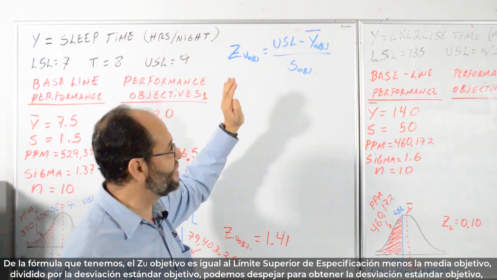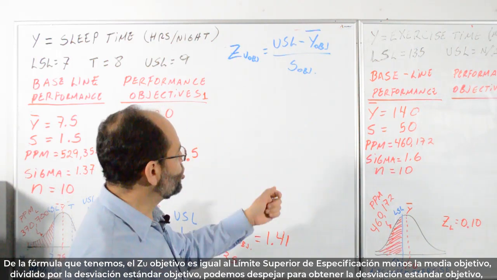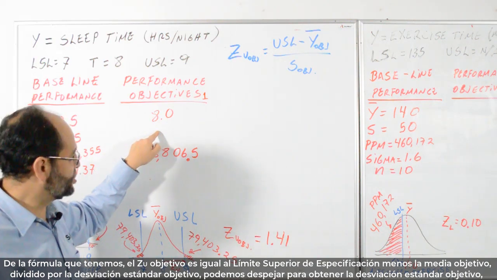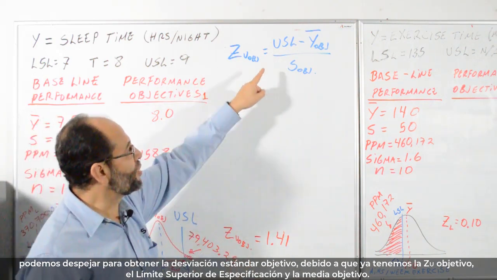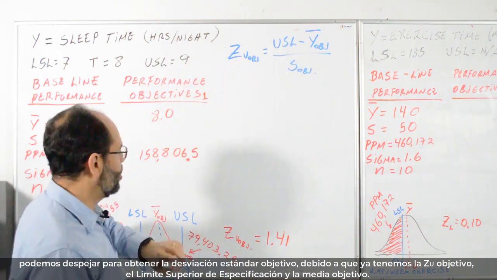mean objective divided by the standard deviation objective, we are able to calculate what should be the standard deviation objective, because we already have the Z upper objective, we already have the upper specification limit, we already have the mean objective.